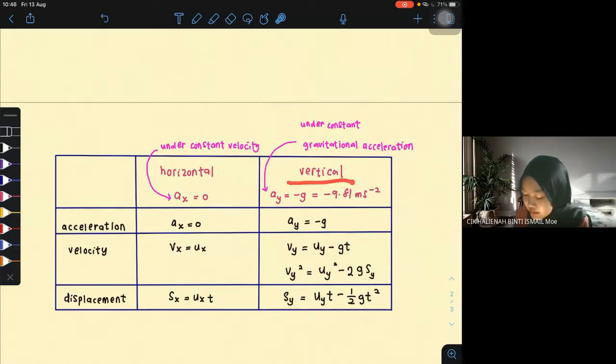And for vertical, we have acceleration under constant gravitational acceleration, where the value for gravity is 9.81 meters per second squared. But in the case of projectile, we have to put a negative. Why do we put a negative here?